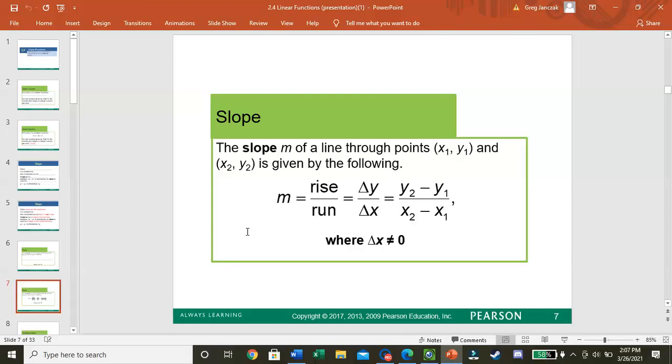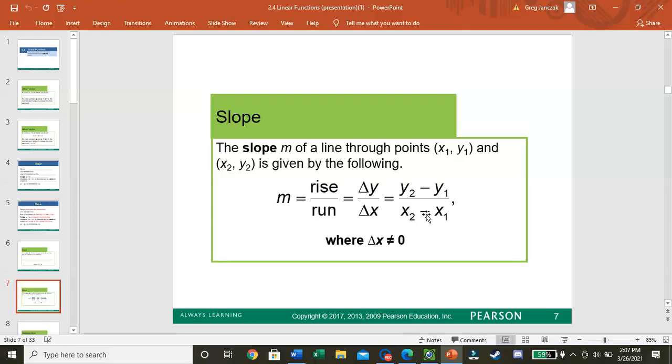So it's the change in y values over the change in x values. Change in y is your rise, change in x is your run, where the change in x does not equal 0. Well, what happens if we have 0 in the denominator?